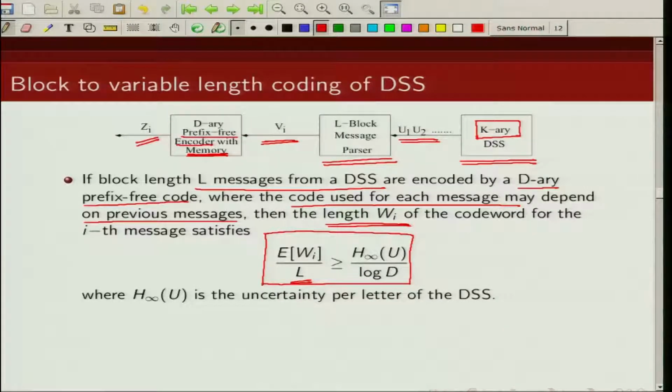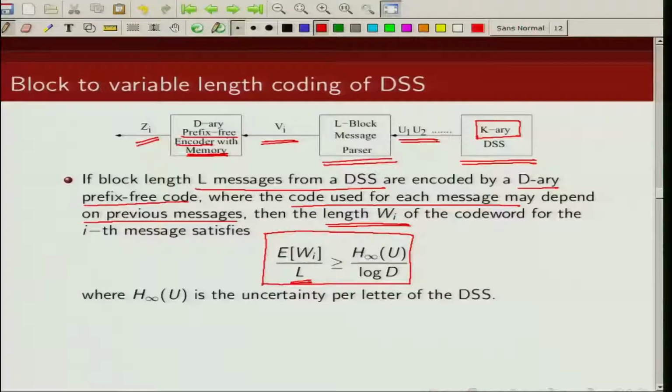We have already seen this in the context of a discrete memoryless source, where the minimum number of bits per letter is related to the entropy of the source. We are going to show that for a discrete stationary source, this expected code word length divided by the block length L is lower bounded by the entropy rate.